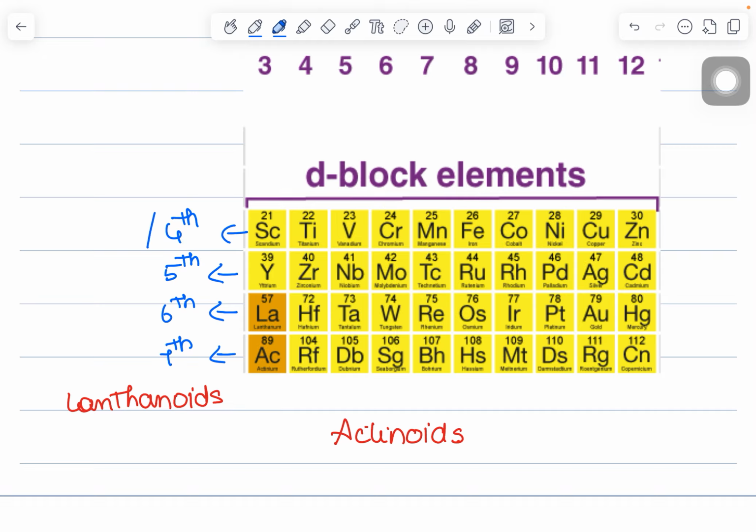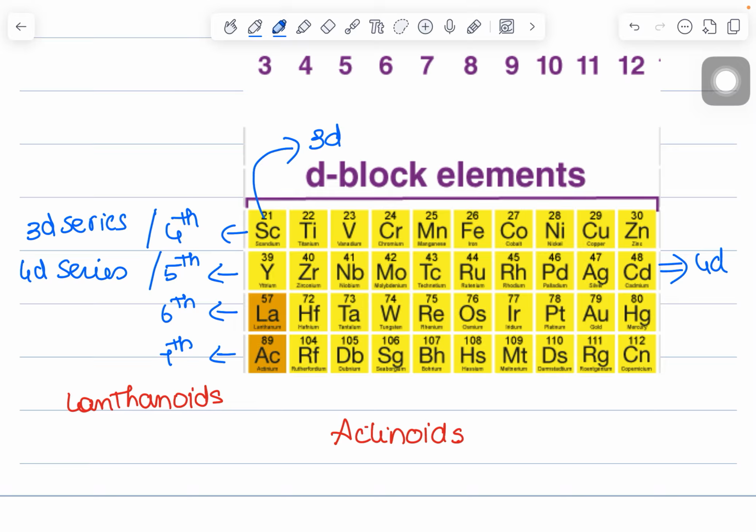The fourth period is called the 3d series, because if you see the electronic configuration, the electrons are filled in the 3d orbital. Similarly, for the fifth period the electrons are filled in 4d, so it is called the 4d series.